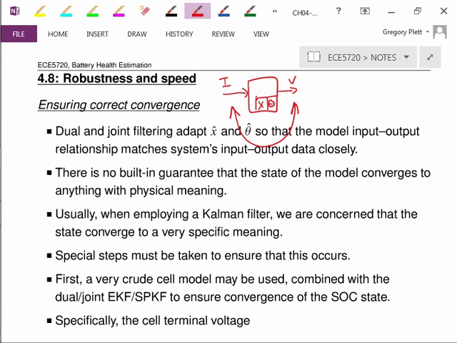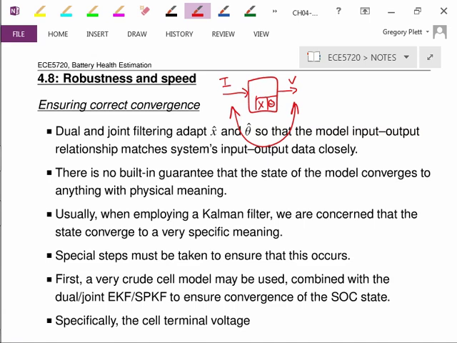Now, in the previous chapter, when we estimated the state only and assumed that the parameters were fixed, that helped the Kalman filter realize that, oh, I need to adapt the states because the parameters I know. Or if I knew the states and was estimating the parameters instead, the Kalman filter would leave the states alone as it was supposed to do.